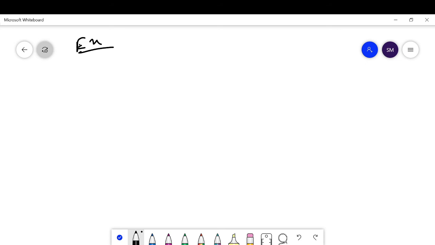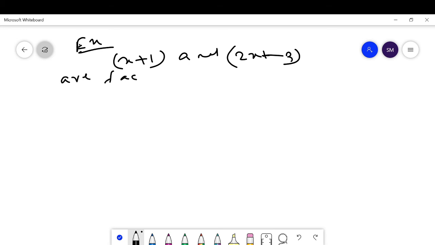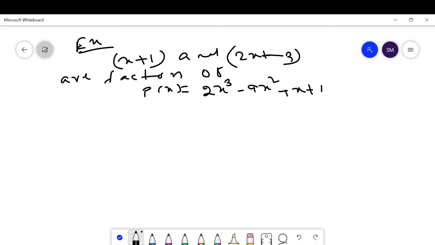Here you have to prove that x plus 1 and 2x minus 3 are factors of the given p(x). The p(x) is equal to 2x cube minus 9x square plus x plus 12.